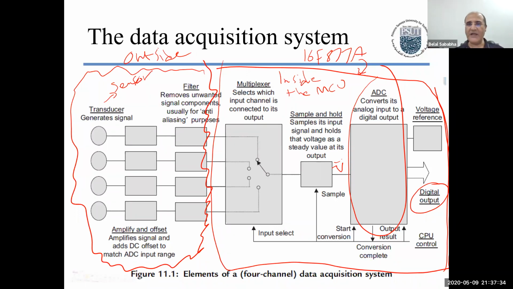Okay, so a typical data acquisition system has transducers or sensors. Why did you call it a transducer? Because it translates, or transduces, or converts a physical value like temperature, humidity, or distance into an electric signal. And this is the area of, I don't know, sometimes chemistry people, physics people.